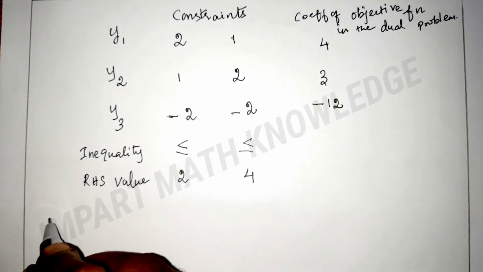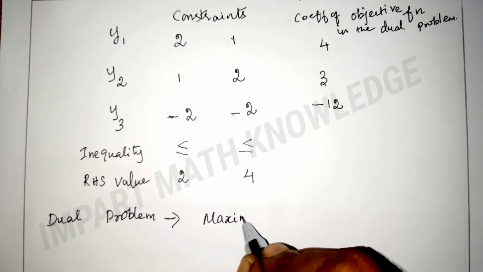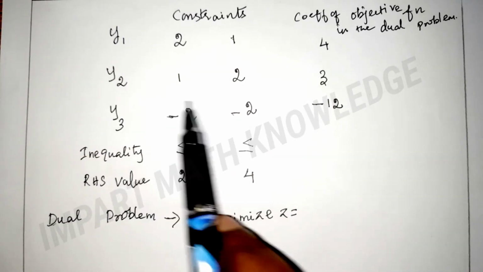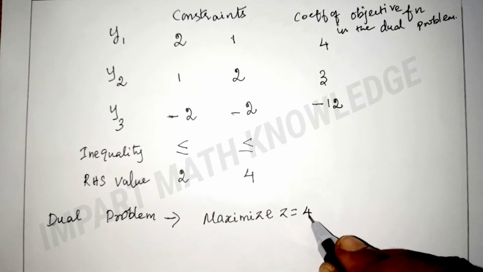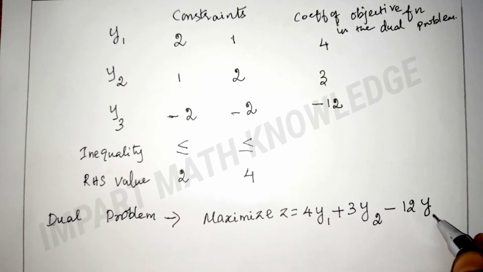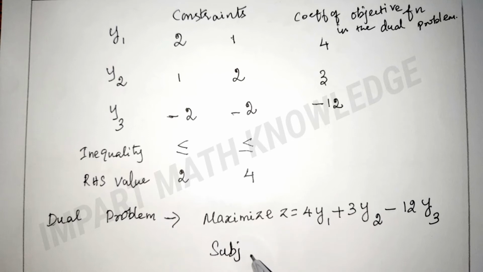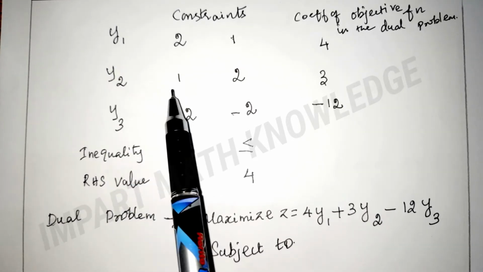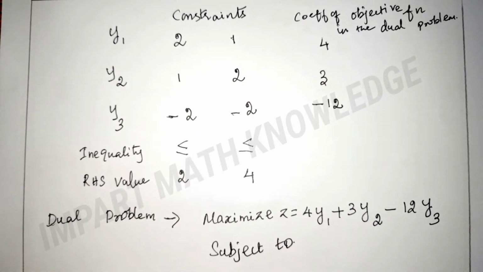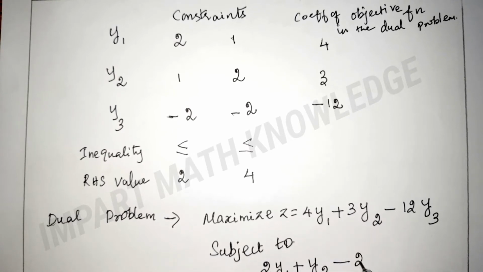From these values we can write the dual problem. The dual problem is: maximize z = 4y1 + 3y2 minus 12y3 subject to the first condition 2y1 + 1y2 minus 2y3 ≤ 2.